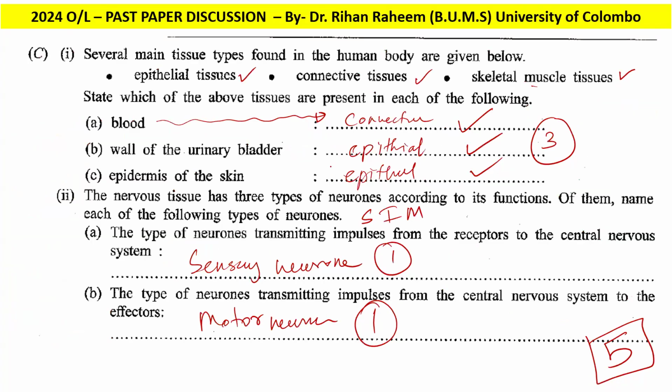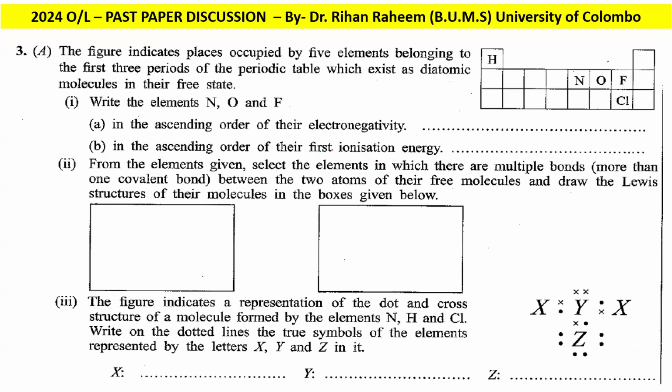Someone is asking about the structure of the nervous system. The structural unit of the nervous system is known as the neuron, no? Sensory neuron, interneuron, motor neuron. So normally there is a cell body part.